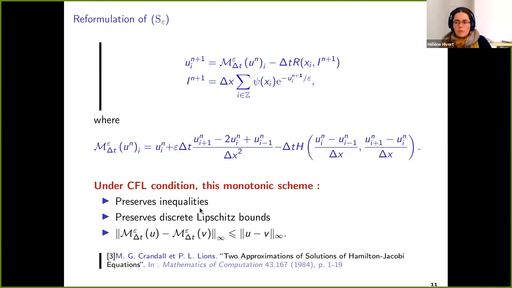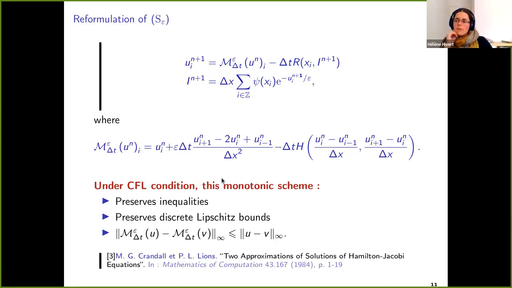Thanks to the monotonicity, they preserve inequalities. It means that if you start with a solution U and a solution V, which respect an inequality, and you apply the scheme M, the image by M of these two solutions U and V respects the same inequality.